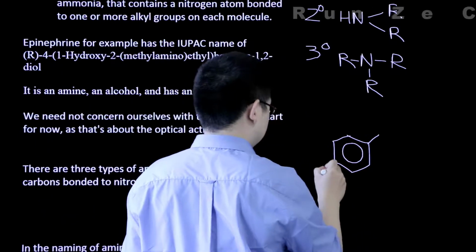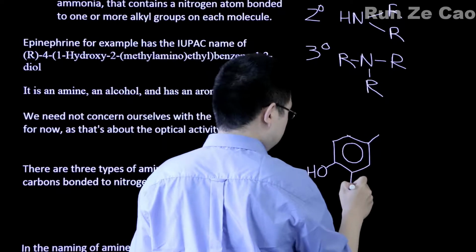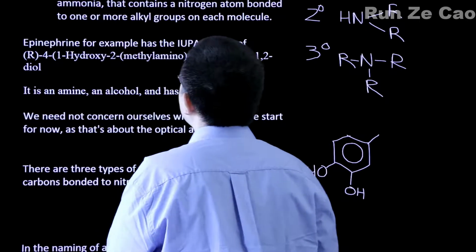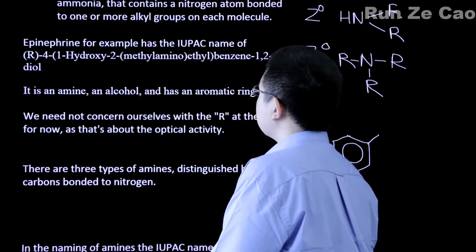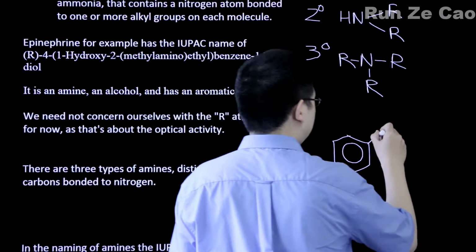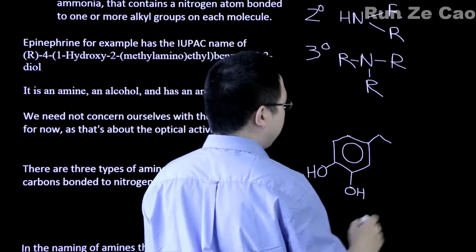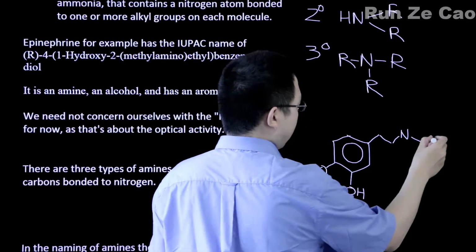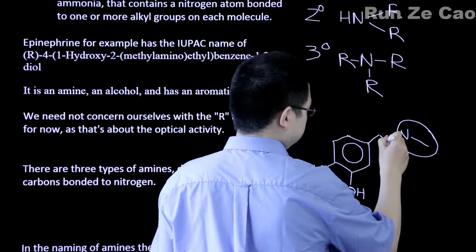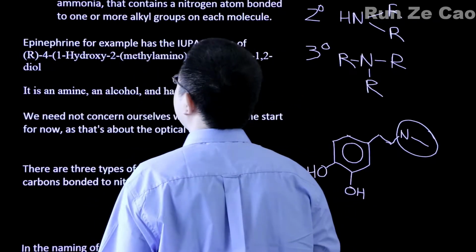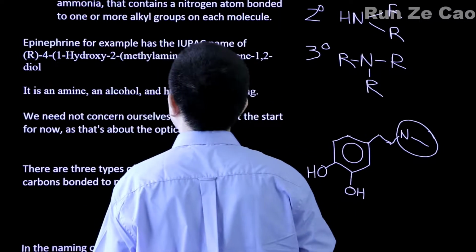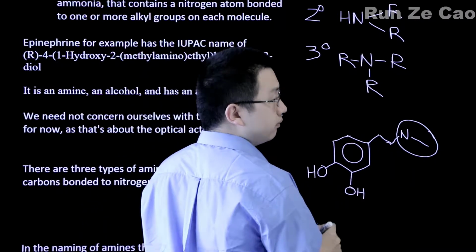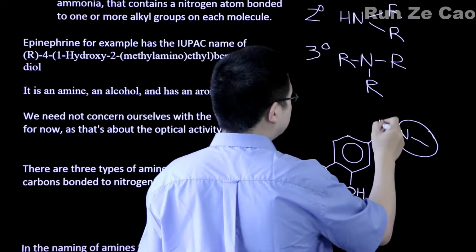So 1, 2, and then 4th, it's methylamino ethyl, which means that first we have 2 carbons, ethyl, and then we have an amino group and methyl. So this is methylamino. So 4, 1-hydroxy-2-methylamino. Okay, so this is 2. Yeah, that makes sense because it's 1, 2, and then here we have a 1-hydroxy.